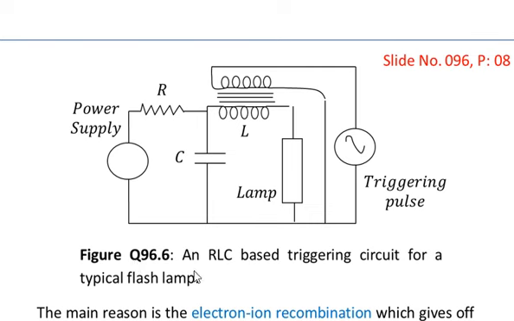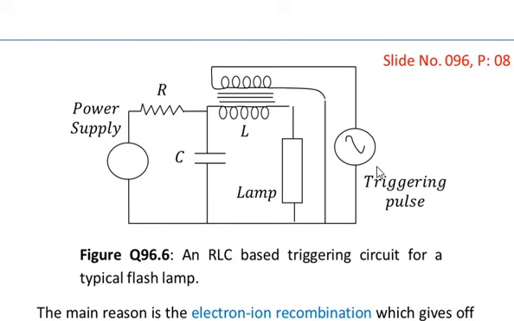This is figure number 6, and the caption is an RLC based triggering circuit for a typical flash lamp. You can see that this is the power supply. It is actually a DC power supply. This is a resistance. This is a bank. C stands for bank of capacitors. L stands for inductors. This is a flash lamp, and this is the triggering pulse.